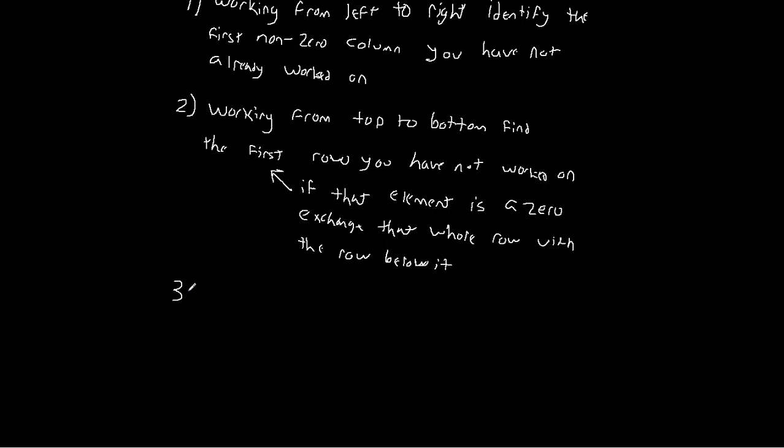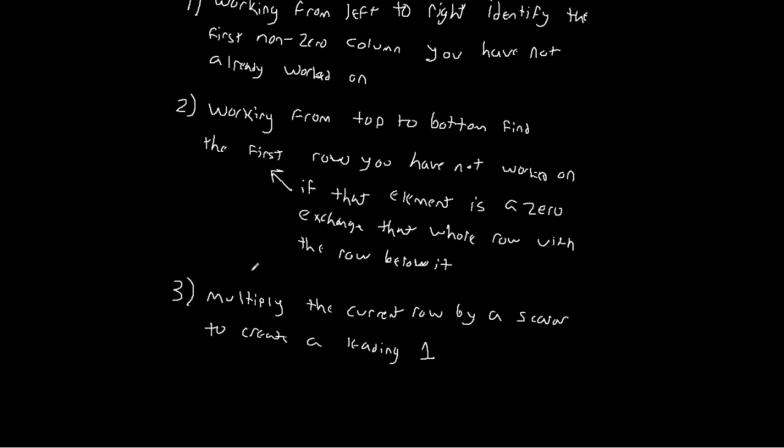So assuming it's not 0, or once you've done this, you multiply the current row by a scalar to create a leading one.